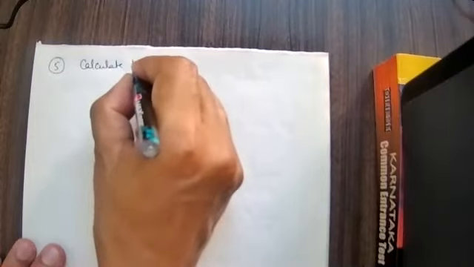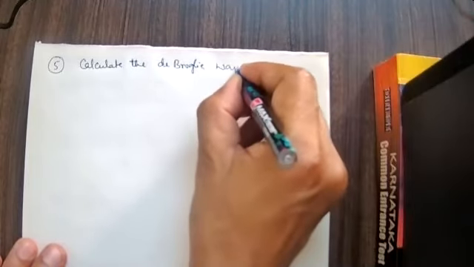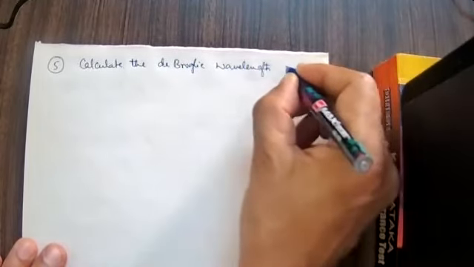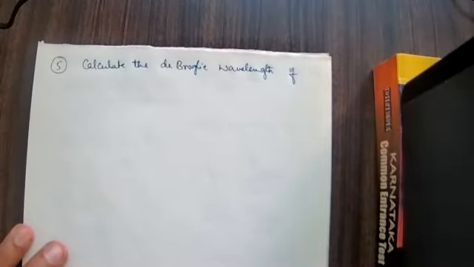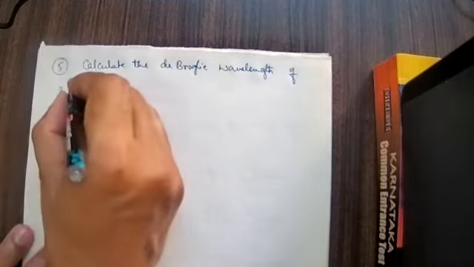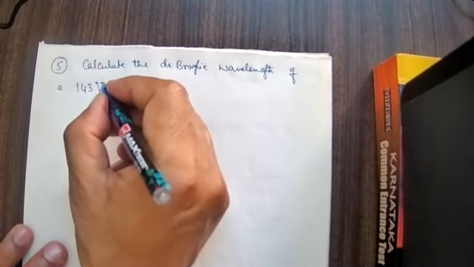Write this. Calculate the de Broglie wavelength of a 143 volts electron.